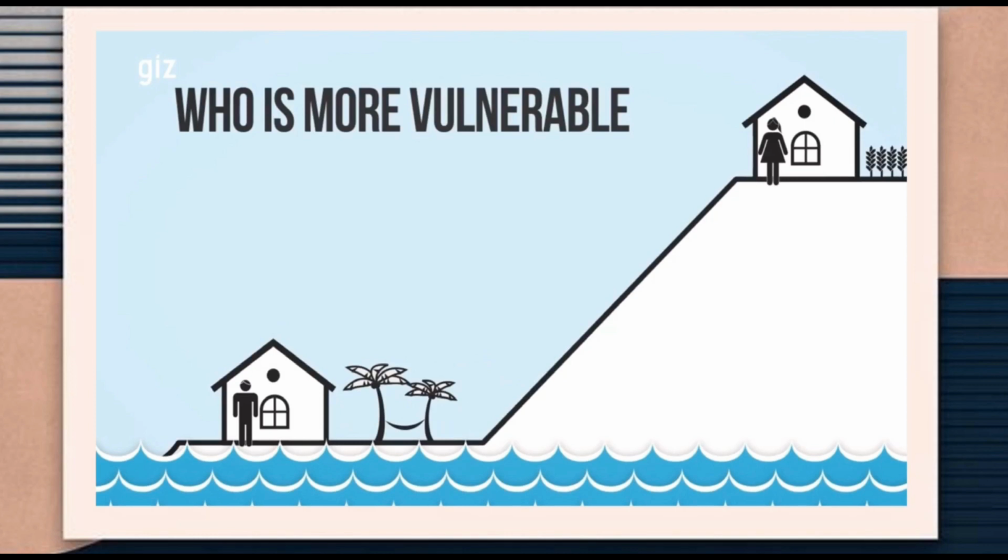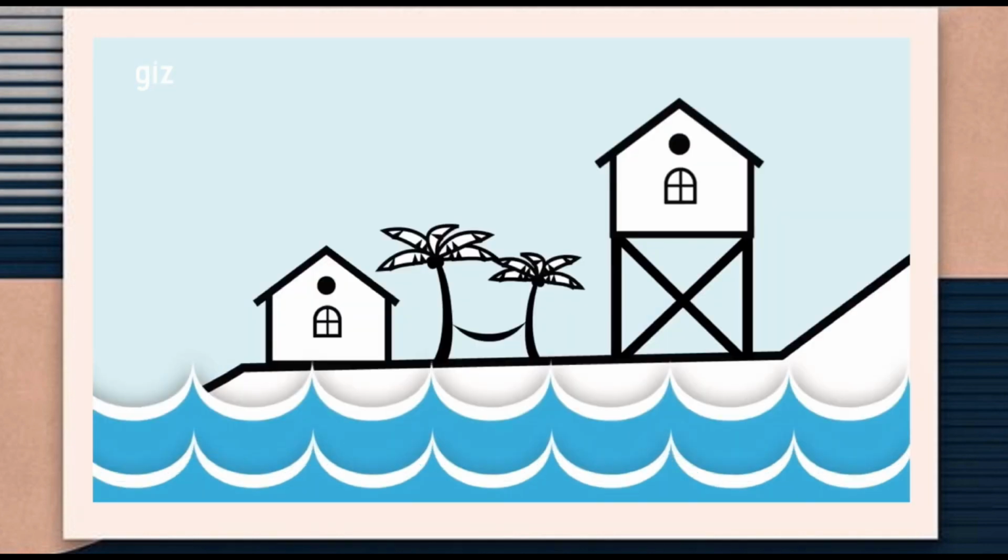I hope we have the same answer, which is Tomas. Kasi nga nakatira si Tomas malapit sa tabing dagat. So we will expect na mas apektado siya or mas vulnerable siya sa flood. Okay? So let's say that Maria decided to live in the lowlands or sa tabing dagat din.